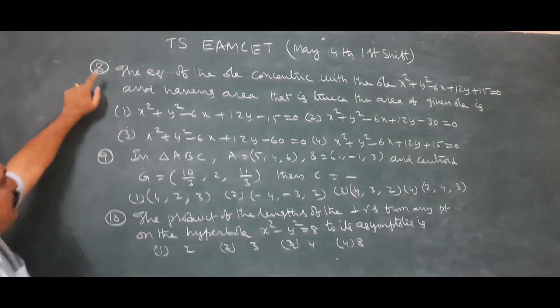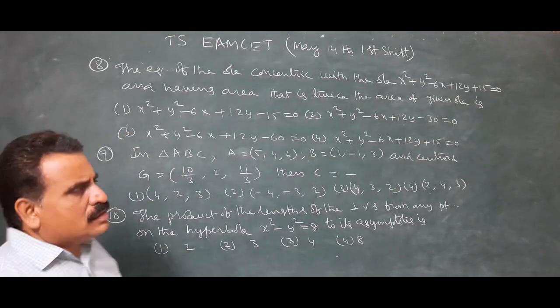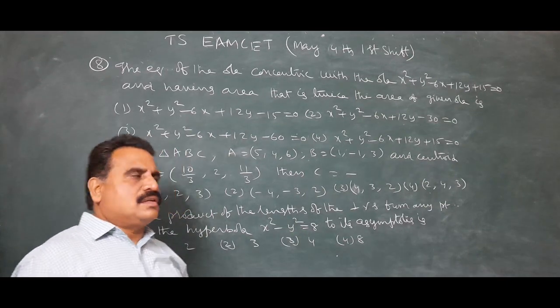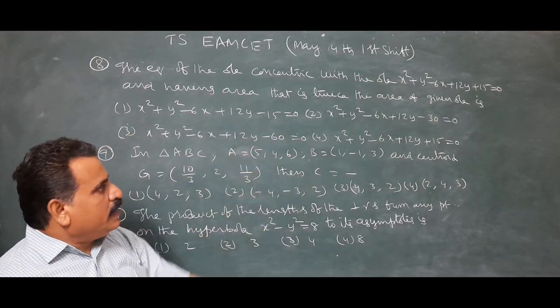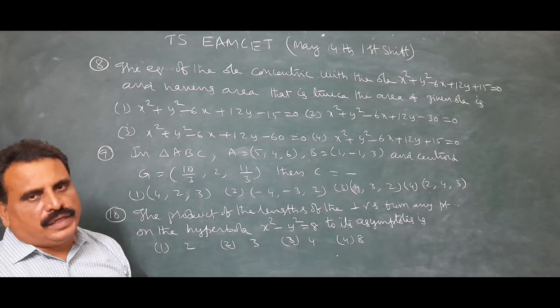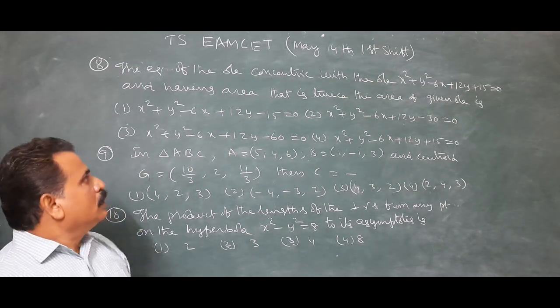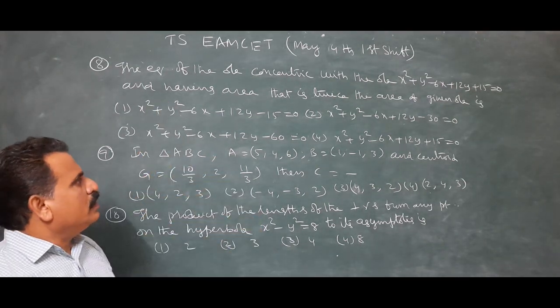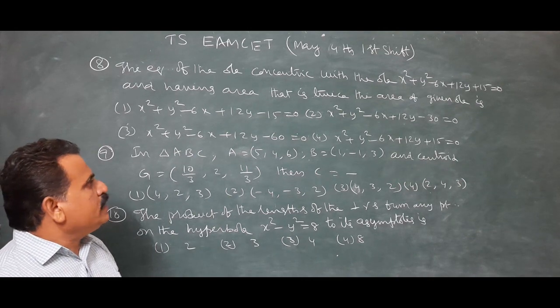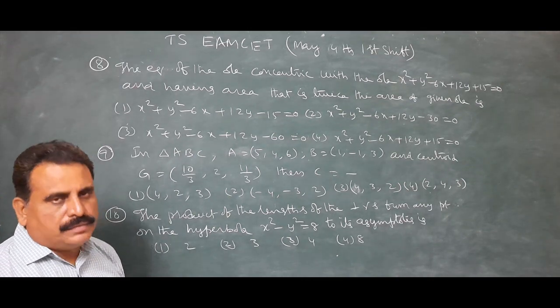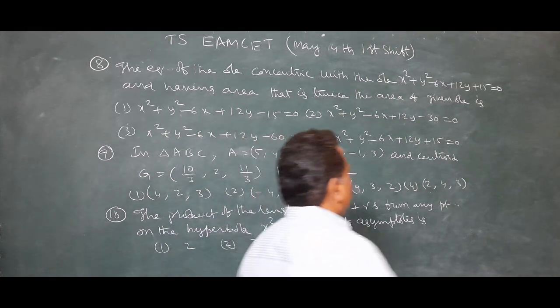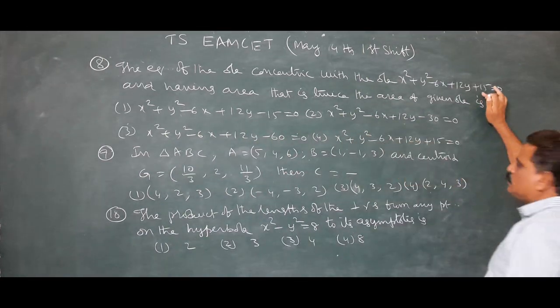Question number 8. The equation of the circle concentric with the circle x square plus y square minus 6x plus 12y plus 15 equal to 0, and having area that is twice the area of the given circle. Concentric circle means just we change the constant k.